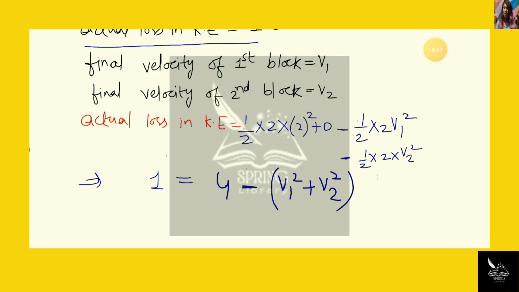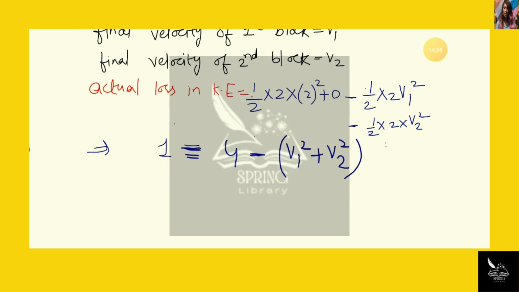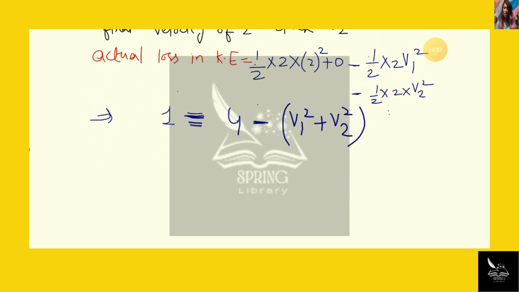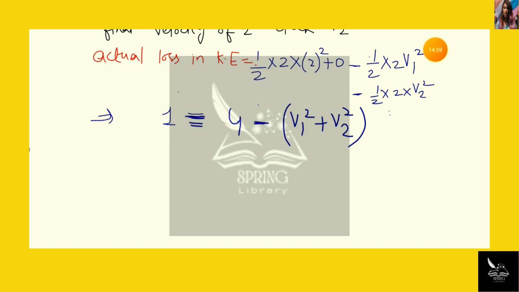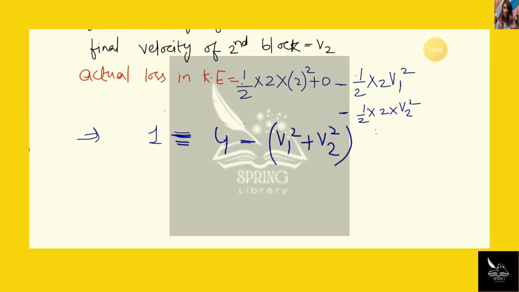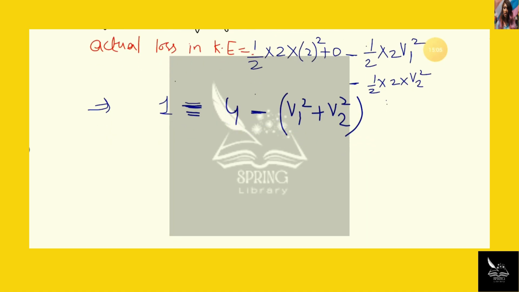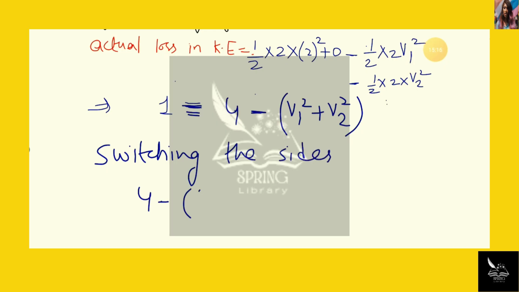Now the next step is to switch the side, so it will be written as 4 minus parenthesis of v1 square plus v2 square is equal to 1.